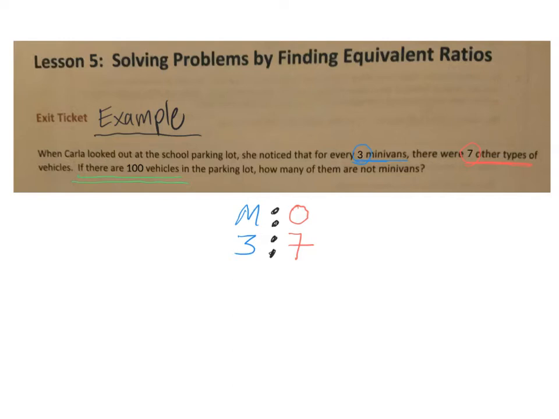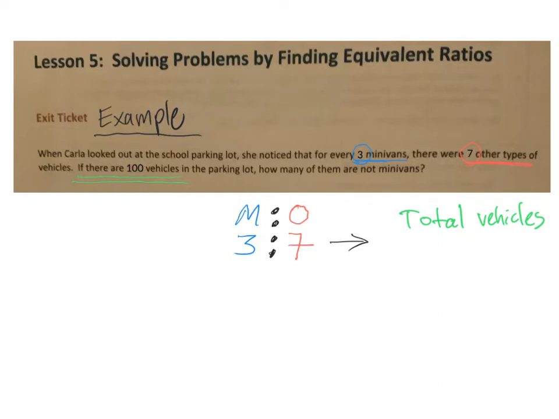So we're going to go ahead and get the total, because what we want to see is the total number of vehicles in the school parking lot. So what we've got to do is add up the amount of vehicles that there are. And there are 3 minivans and 7 other types of vehicles.